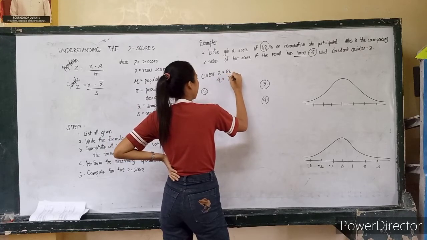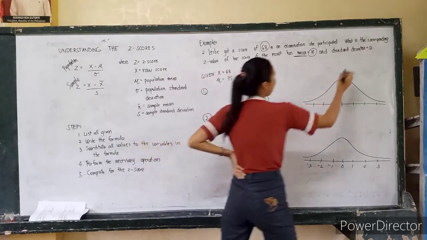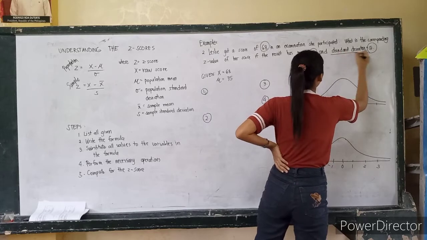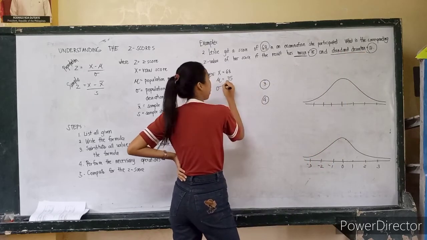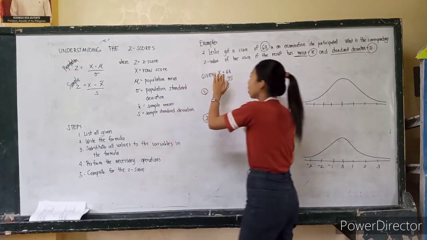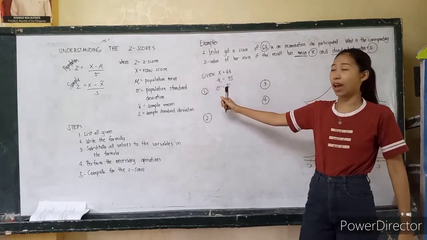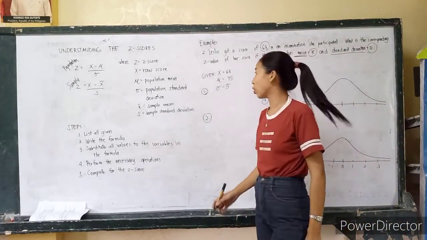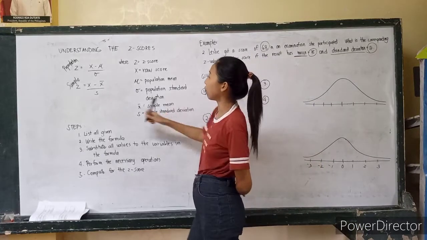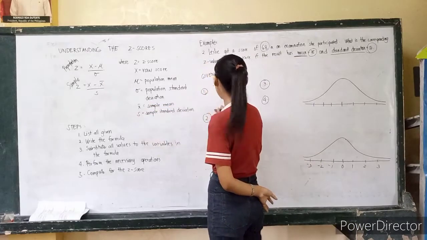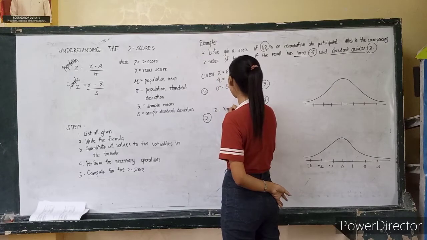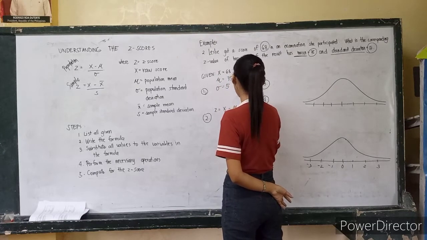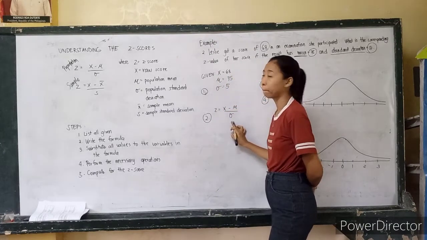That is 75. Lastly, you have 5, which is your standard deviation. So, out from this, you have x, you have mu, and you have sigma. Therefore, what formula are we going to use? We are going to use the first formula, which is z is equal to x minus mu over sigma.